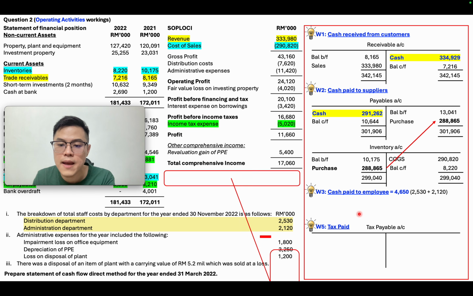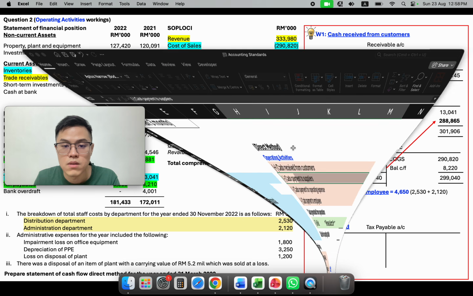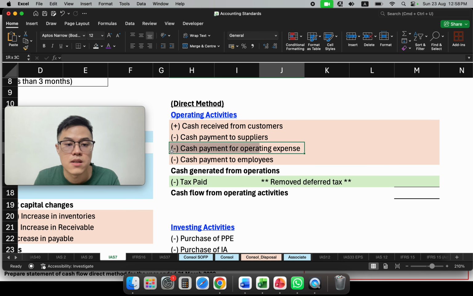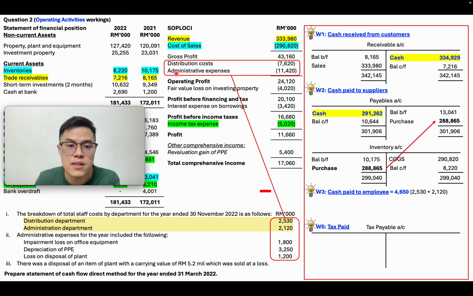So the next step, we are going to find our cash paid to operating expenses. So when we want to calculate cash paid to operating expenses, we know that our operating expenses in here are distribution costs and administration costs. And we cannot directly add them together and consider it as our cash payment to other expenses.